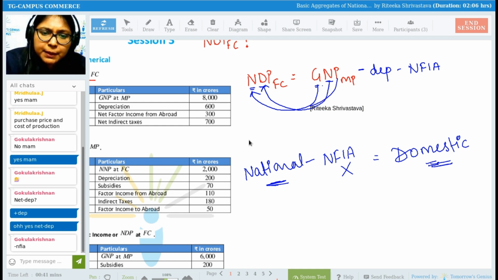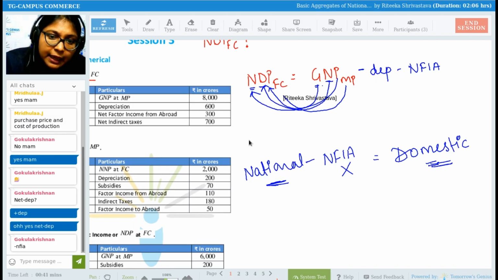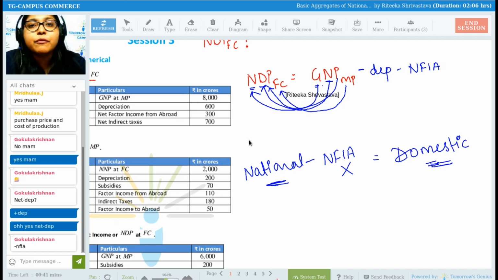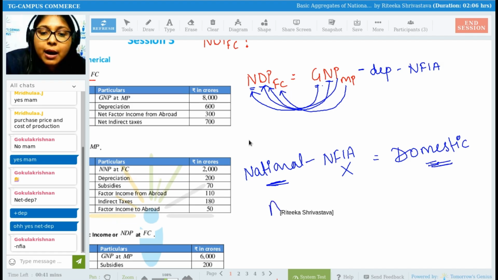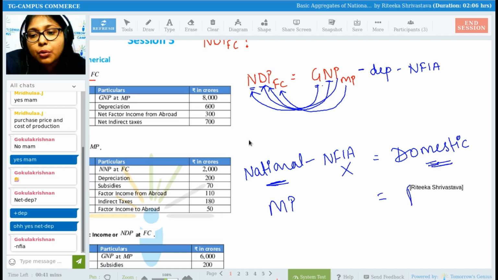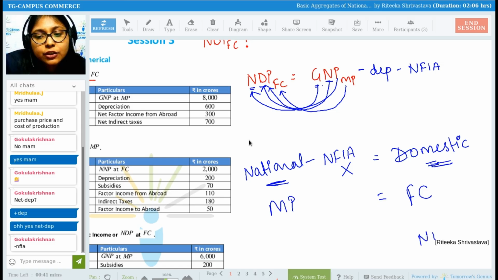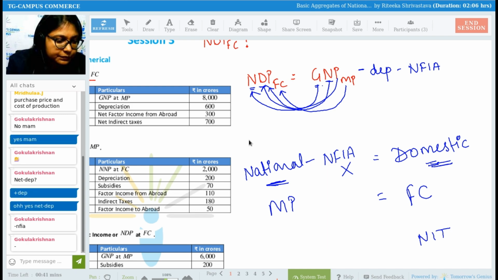Next term, P to P remains the same, product it is same, no need to change. Then comes MP to FC, market price to factor cost. Now from market price you want to go to factor cost, and we know that MP and FC has a relationship with NIT. So will you add NIT or will you deduct NIT to go to factor cost? Okay, Gokul says deduct.